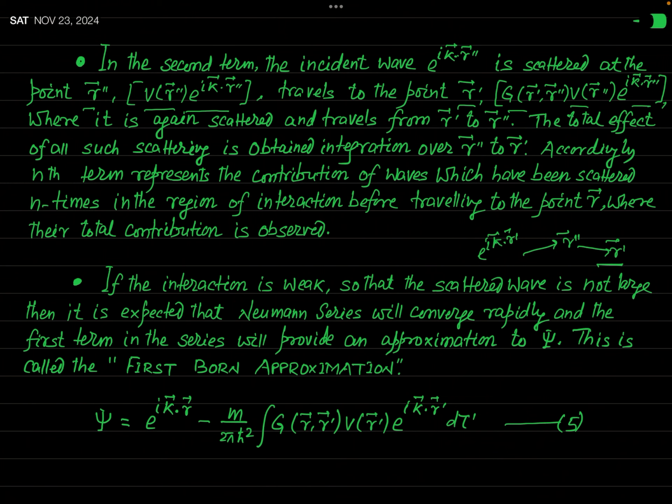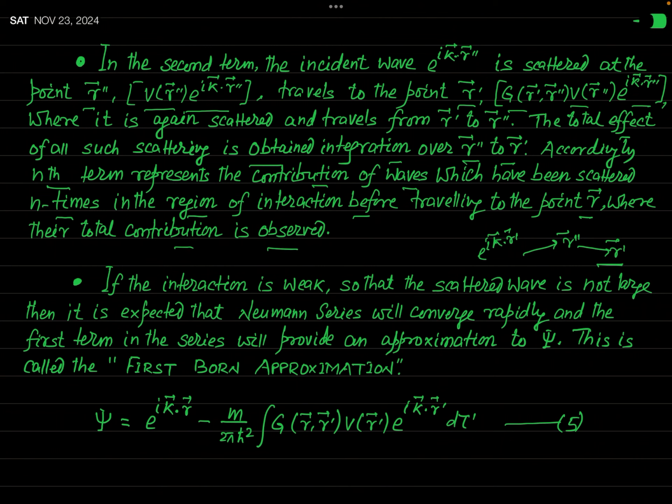So the total effect of all such scattering is obtained by the integration over r double dash to r dash. And therefore the nth term represents the contribution of the waves which have been scattered n times in the region of interaction before traveling to the point r, where their contribution is observed.